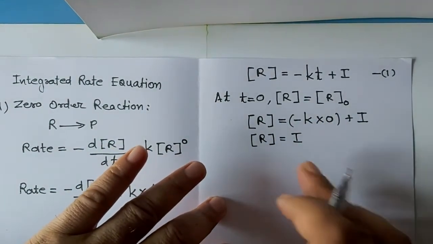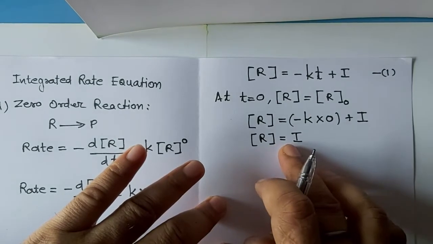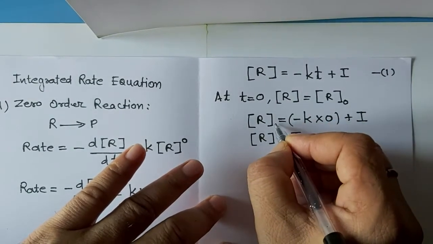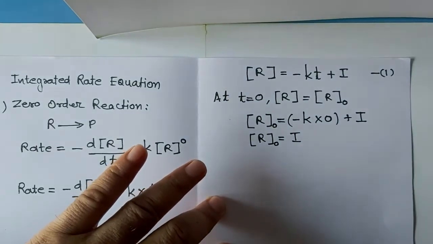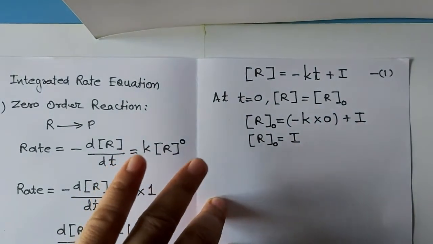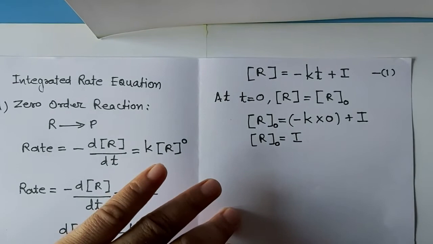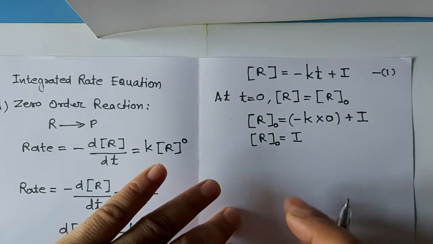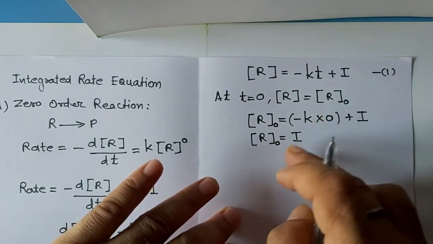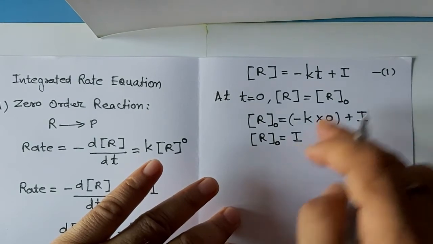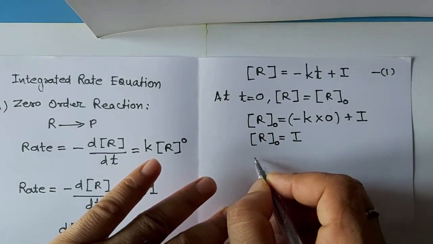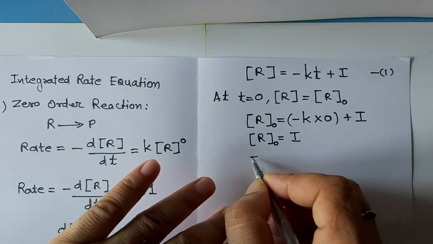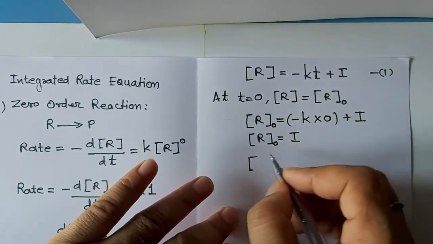This is for the initial rate of reaction. So now R0 can be placed as I, putting the value in equation 1.